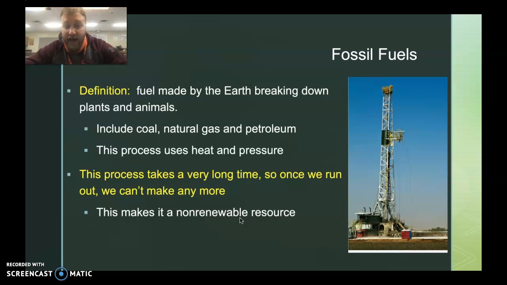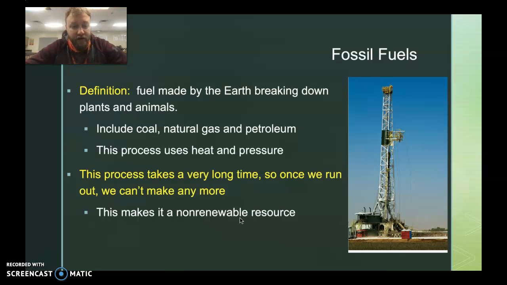So the more carbon and hydrogen you have, the more energy it's going to have. So our fossil fuels include coal, which is generally a much harder form of our fossil fuels. Natural gas, which is the gaseous form, which usually is at the top of a deposit. And then petroleum, which is our liquid sludgy stuff that we get.